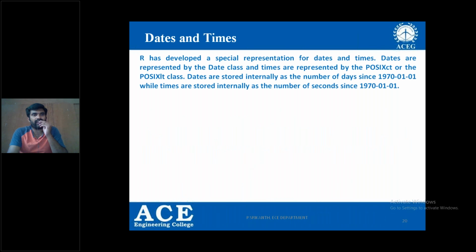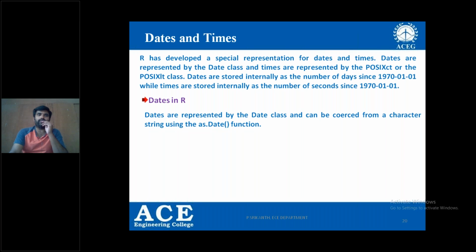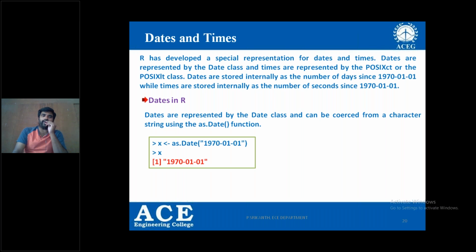And in the R language, we have some predefined date and time functions. Dates are represented by the Date class, and they can be coerced from a character string, like as.Date. If I say as.Date, the reference value is taken as 1/1/1970.